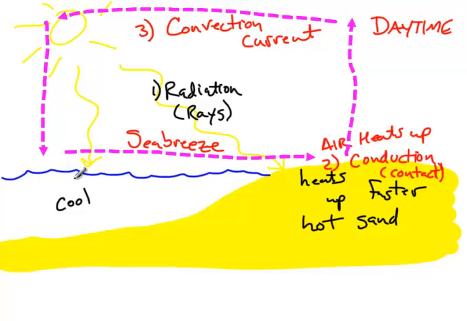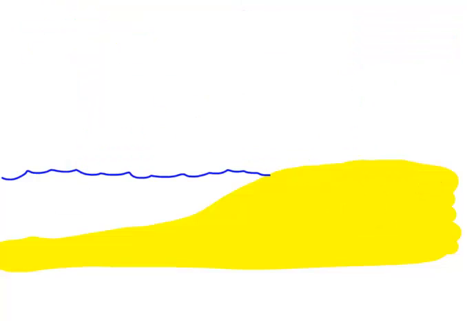Okay, this is what happens during the daytime at the beach. Now, if we go to what's happening at nighttime at the beach, the situation changes a little bit. At nighttime at the beach, the water is warmer. While the water heats up very slowly, it also cools down very slowly. Sand heats up very quickly, but it also cools down very quickly. So the water is warmer at night.